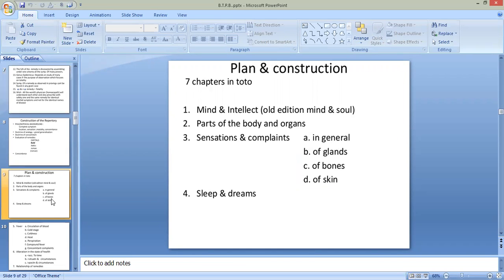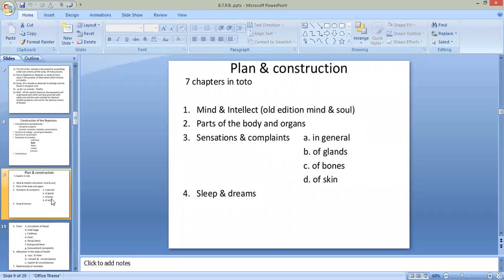In the second section, the arrangement of all the subsections was according to the Hahnemannian scheme.